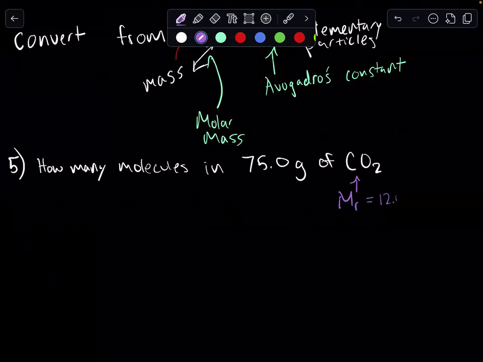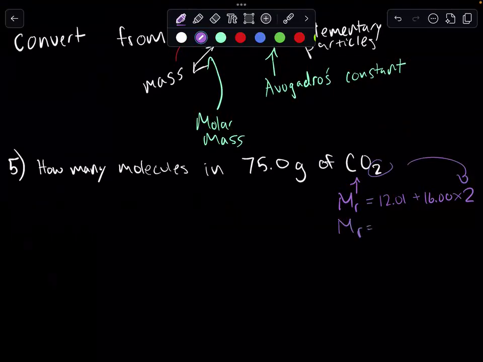That's going to be 12.01 from carbon plus 16.00 from oxygen times 2 because we have two oxygens. So my mass is going to add up to 44.01. Therefore, my molar mass is going to be 44.01 grams per mole.